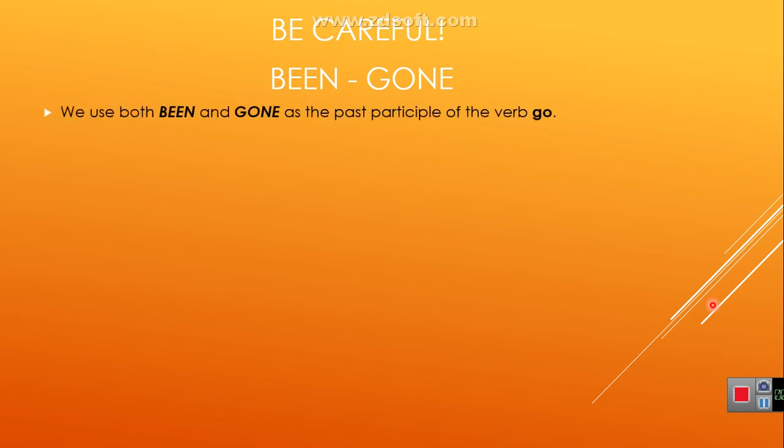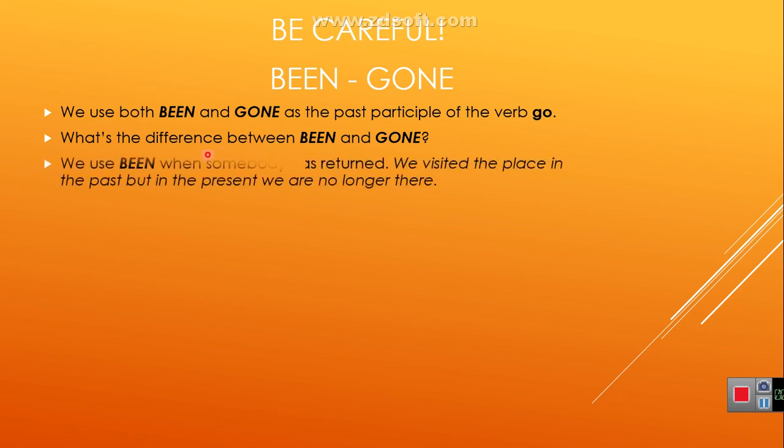We use both been and gone as the past participle of the verb go. I mean, the verb go has two past participle forms, been and gone. But what's the difference between been and gone? Or when do we use been to mean go, and when do we use gone to mean go?